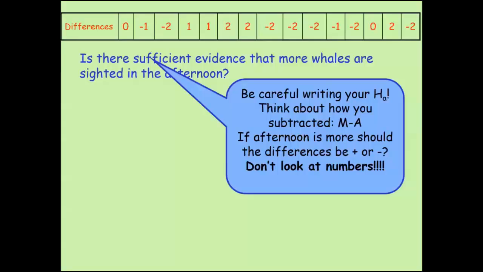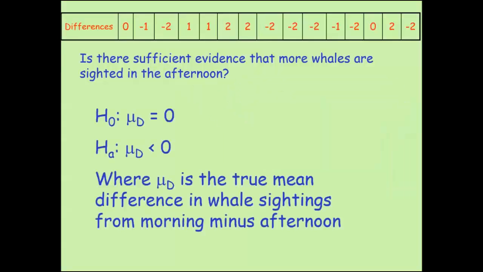So my alternative is going to be that it's less than 0. And that depends on whether we did morning minus afternoon or afternoon minus morning, and where we suspect the direction to be.